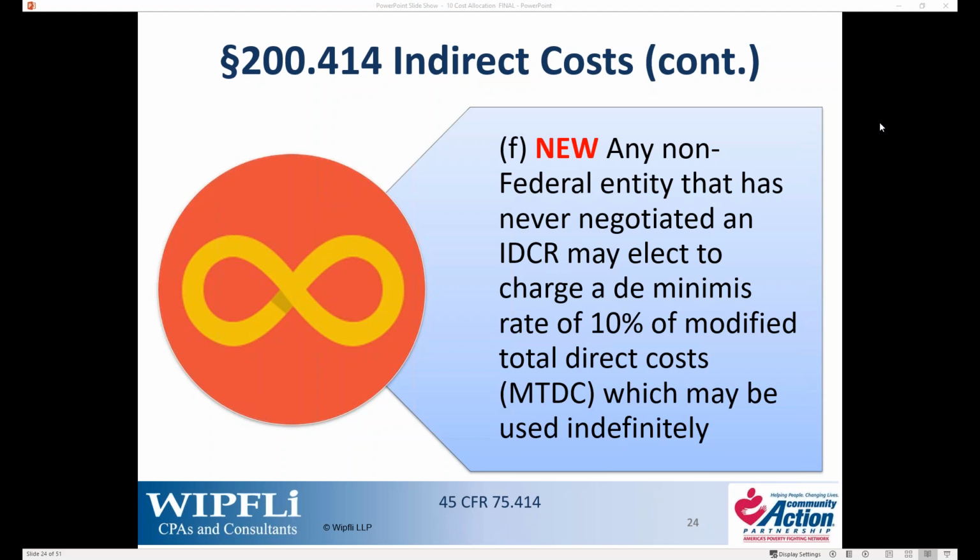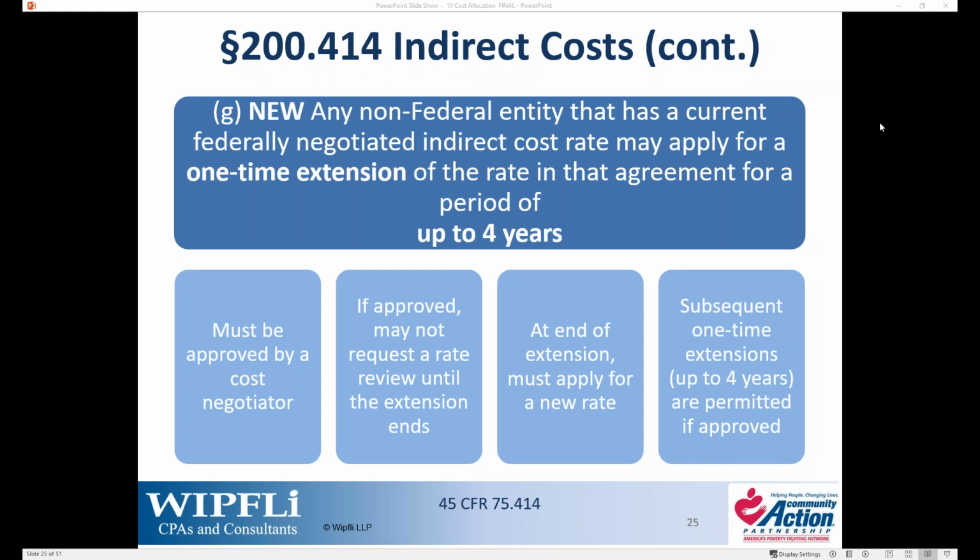So it's a minimum rate, a 10% rate that gets charged to all of your programs, and you use that charge to pay for your administrative costs. We'll talk about pools and how those things work, but this is available to agencies if you have never, ever had a negotiated indirect cost rate.